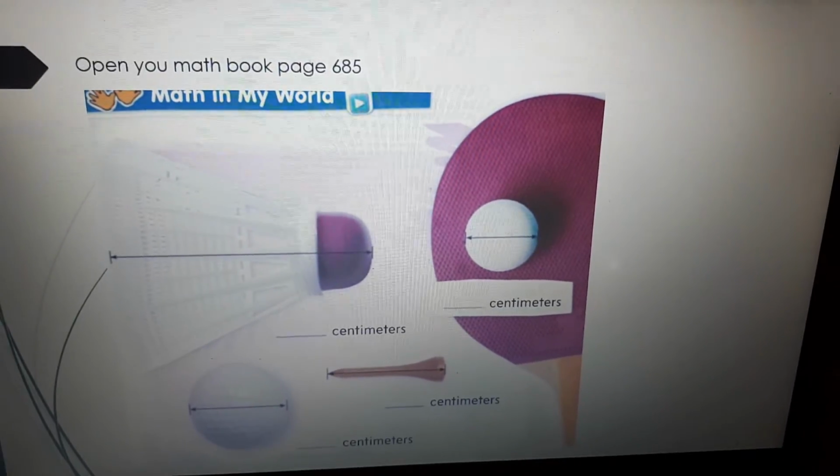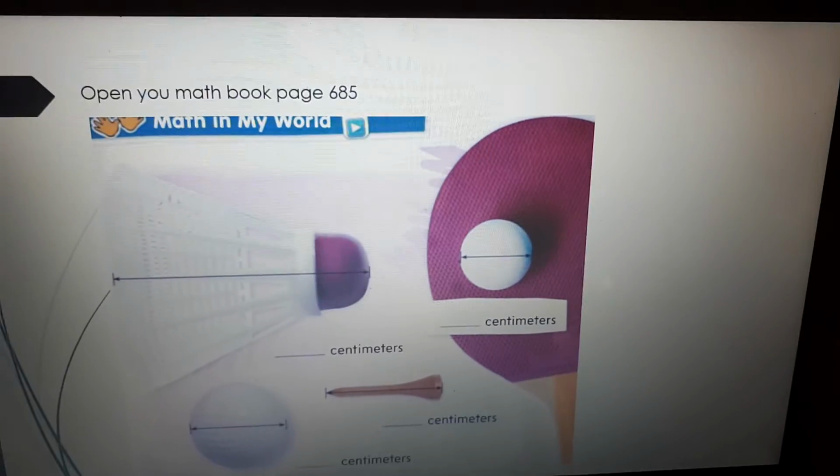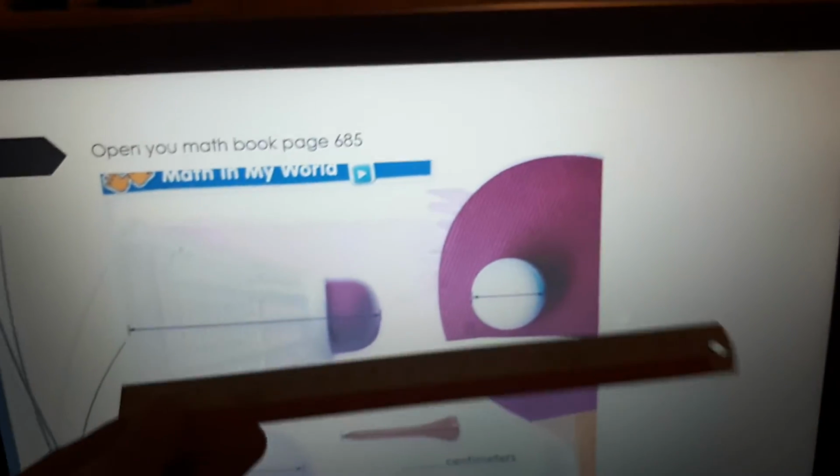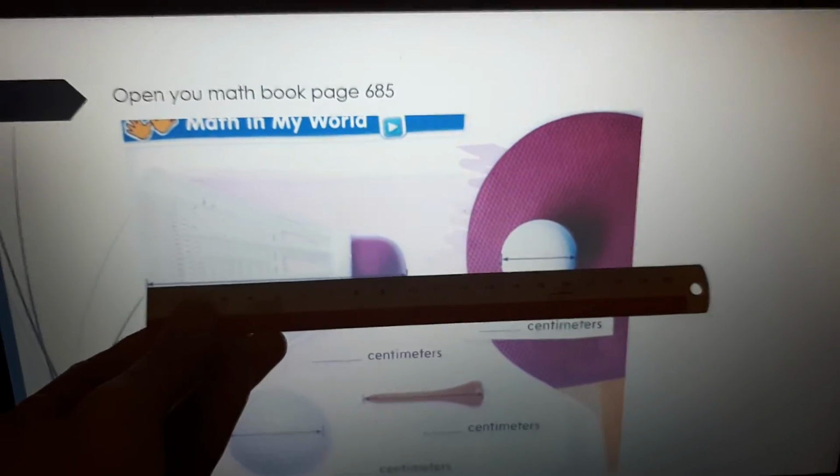Now open your book, page 685, and take your ruler and let's measure each and every object. Come on, look at this racket. Come on, measure it.